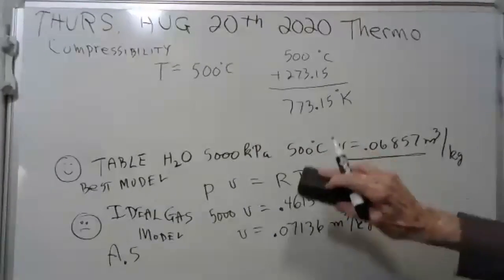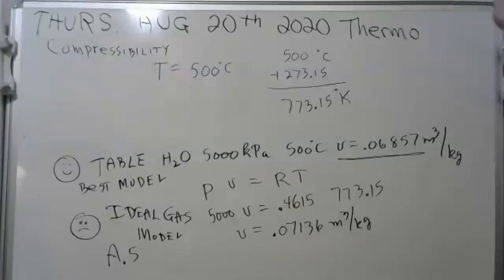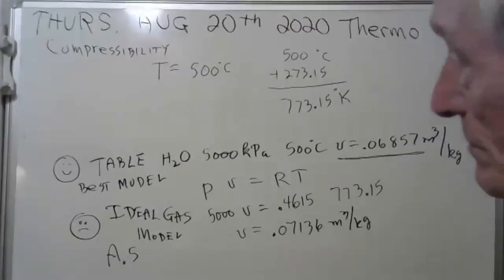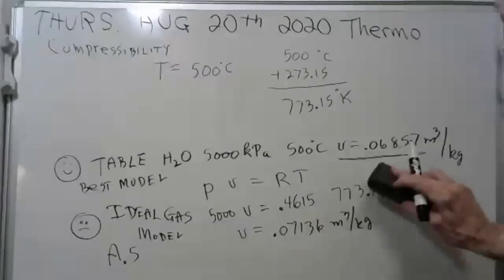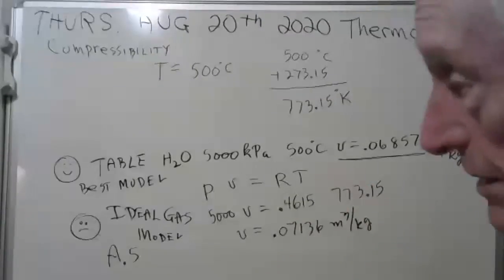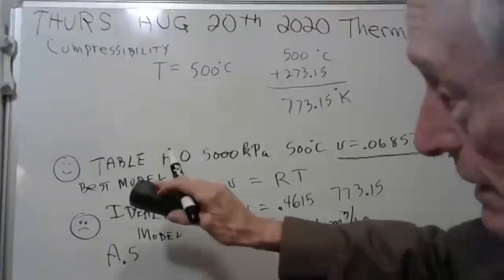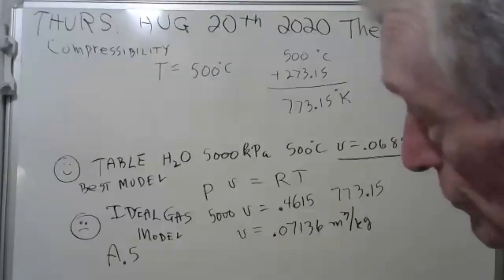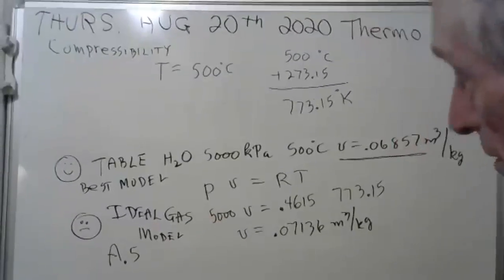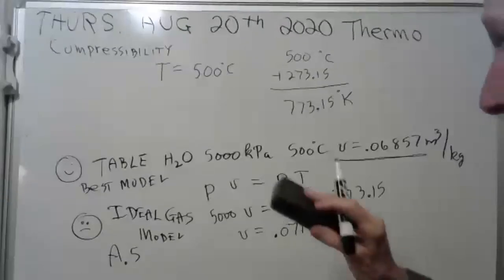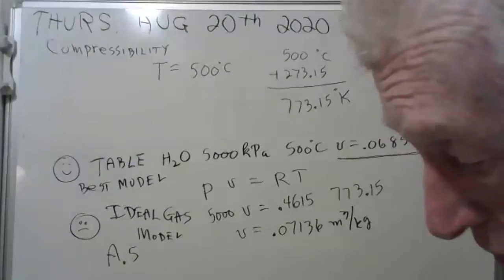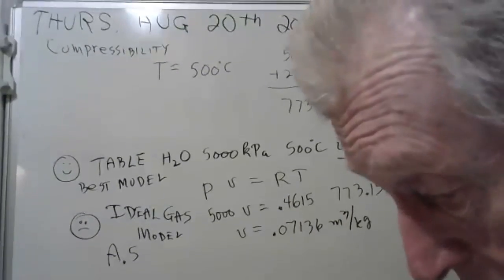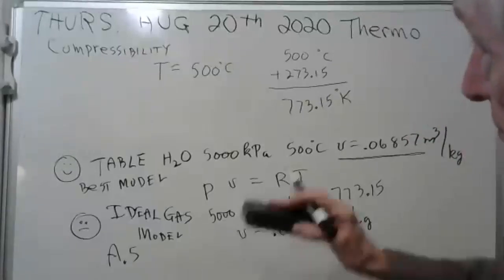We know the temperature is 500 Celsius. If you have a table, you don't need to use compressibility. You don't want to use the ideal gas either because it's not as accurate. But I'm going to show you that the compressibility is better than the ideal gas.